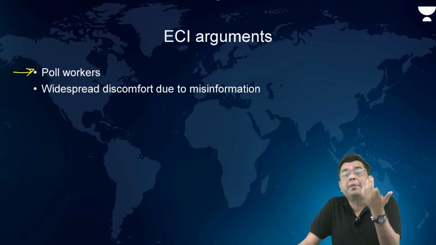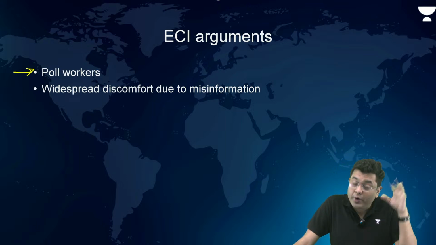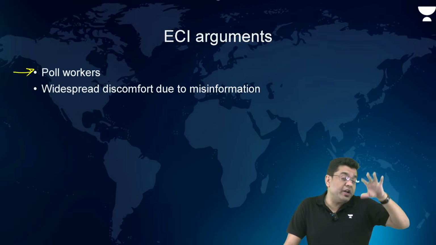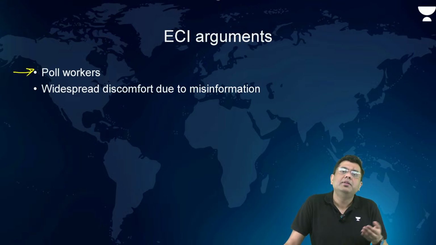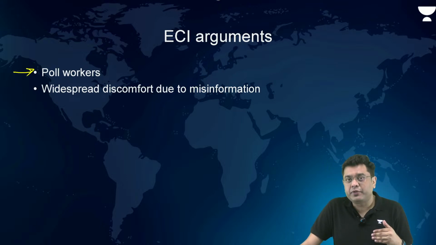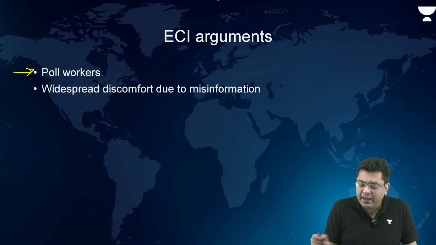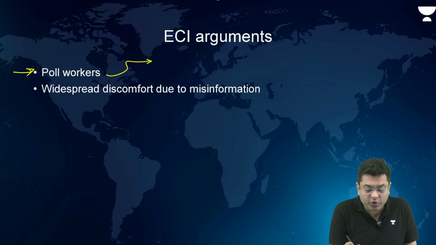So they end up committing errors. Owing to the pressure on polling day, they end up committing more mistakes. So that is where the ECI has argued that it can be regarded as human error.